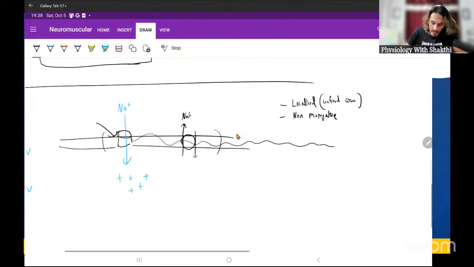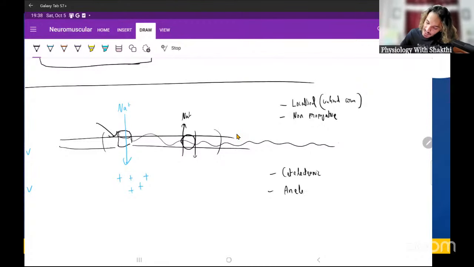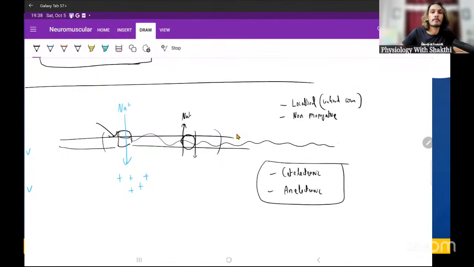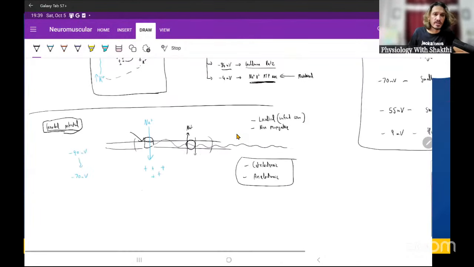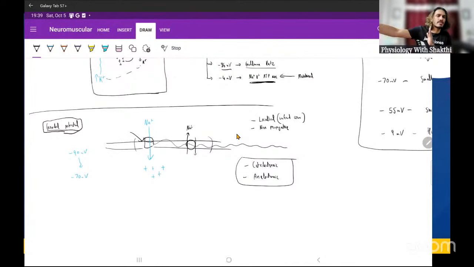This can be either because of an influx of a positively charged ion or a negatively charged ion, so it can be a cationic graded potential or an anionic graded potential. So graded potentials are just localized things that do not keep propagating and eventually will die off. So it does not result in an action potential yet.